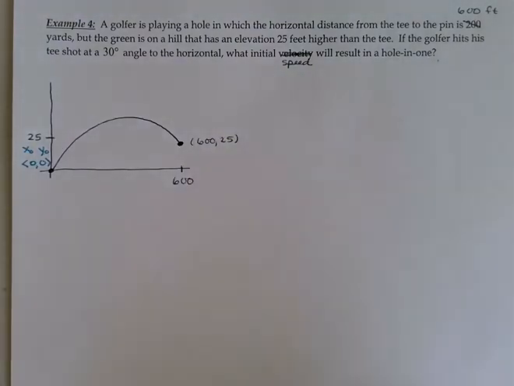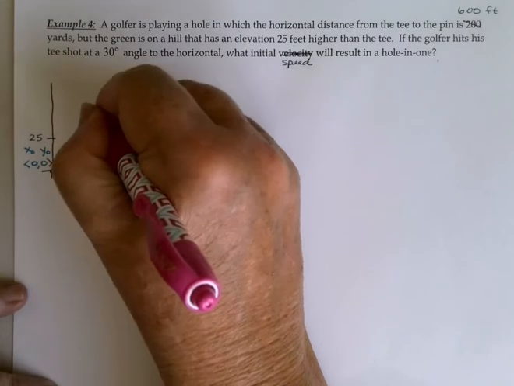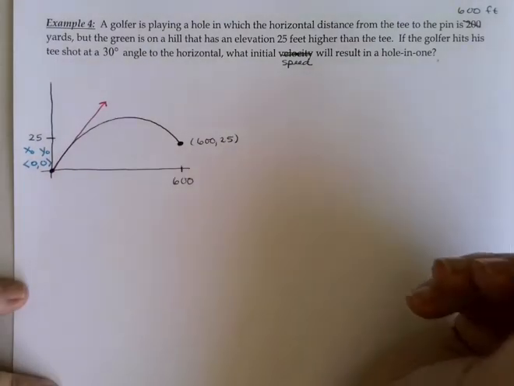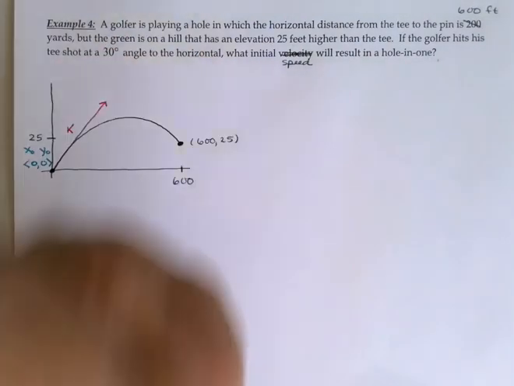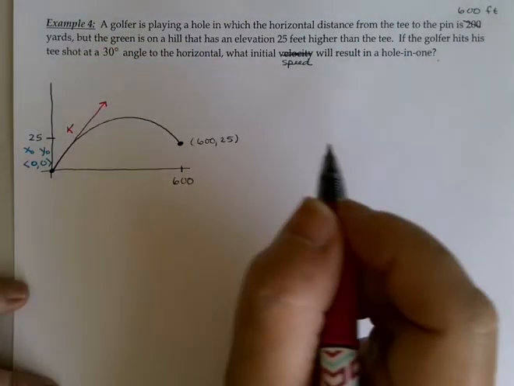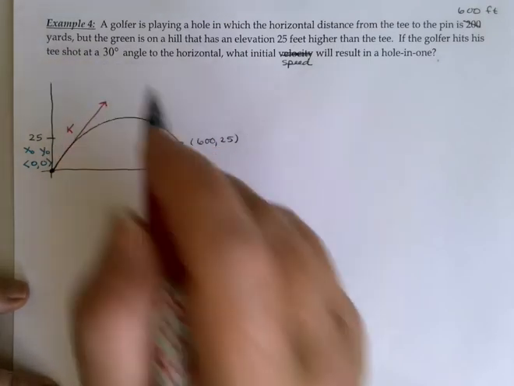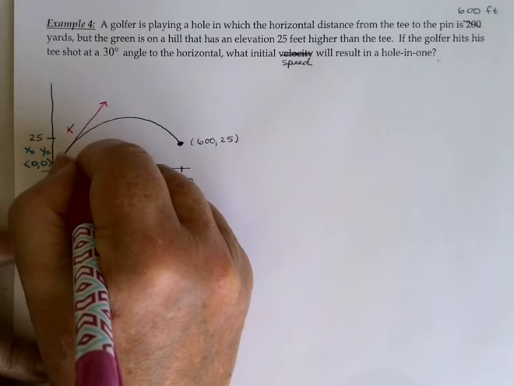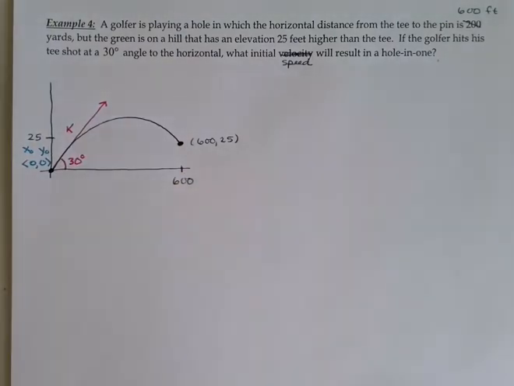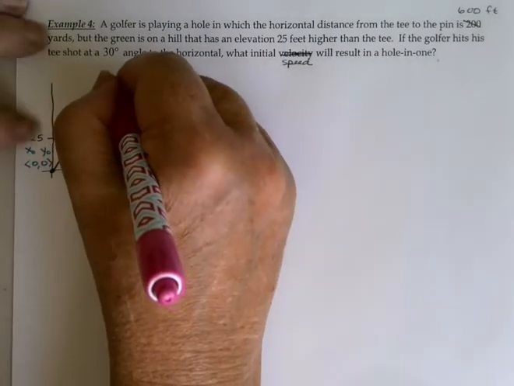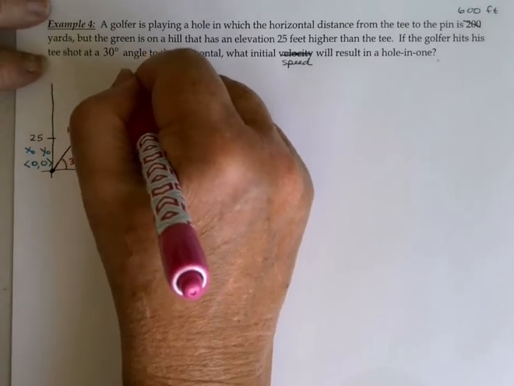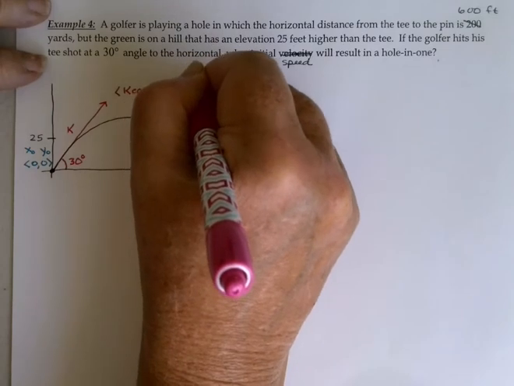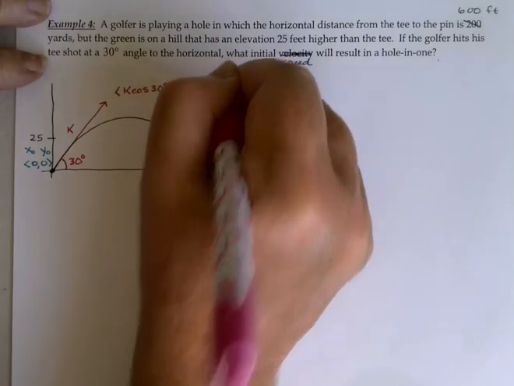As far as the initial velocity, we don't know the initial speed. So again, I'm going to call that initial speed k. But I do know that the tee shot was made at a 30-degree angle to the horizontal. So, sorry, it doesn't look much like a 30-degree angle, but we'll label it nonetheless. And so my velocity vector is k cosine 30 degrees, k sine 30 degrees.